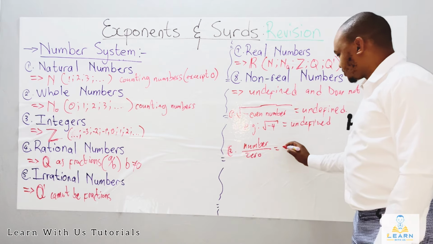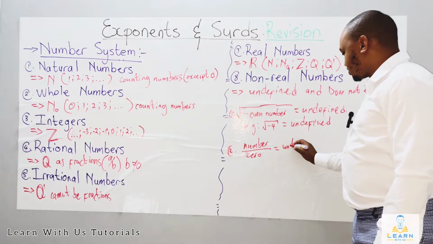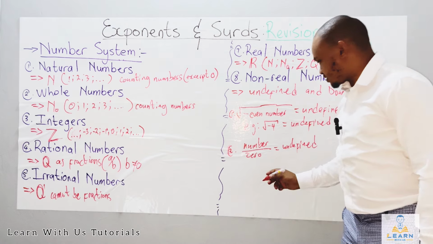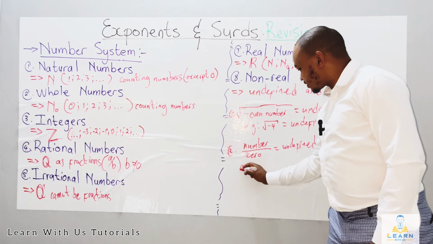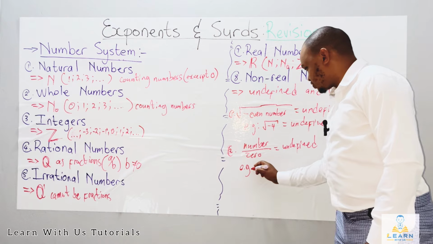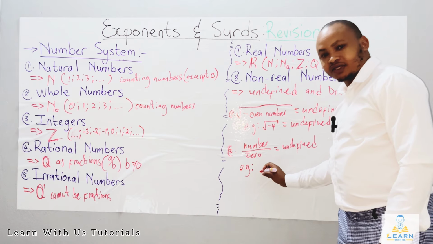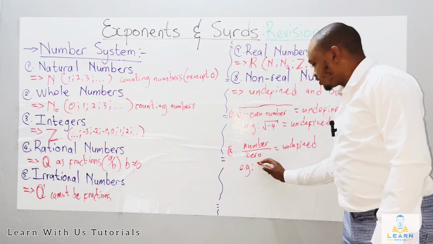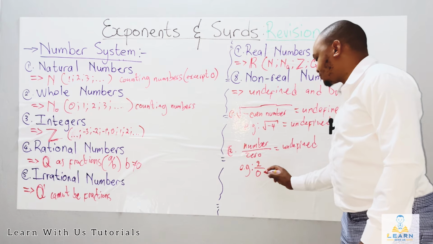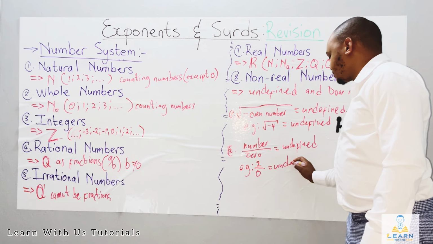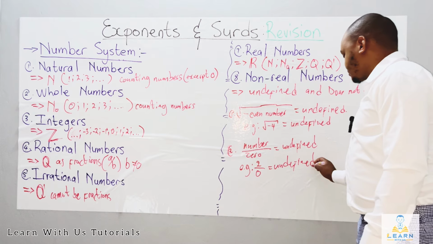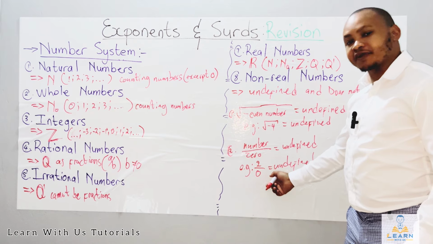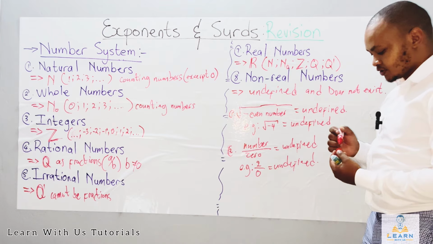Okay, this would be undefined, or it does not exist. Okay, let's look at a quick example of this. E.g., this would be any number, 2 divided by 0. This would be undefined. It can be a negative number also as a numerator divided by 0, then you'd still get undefined.